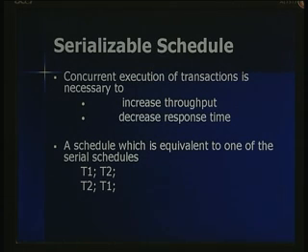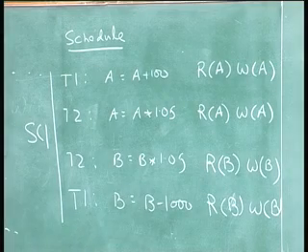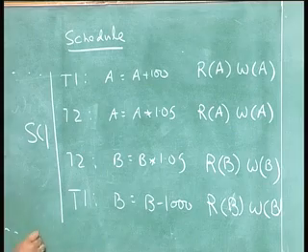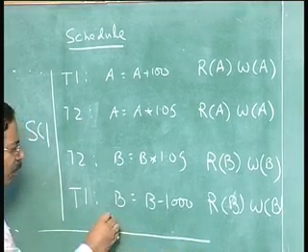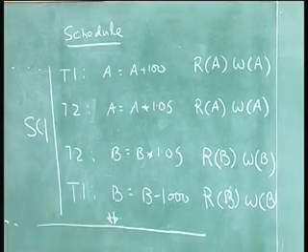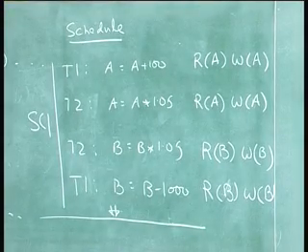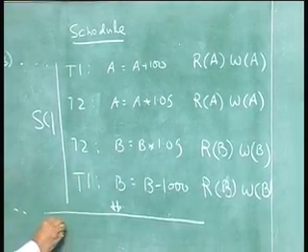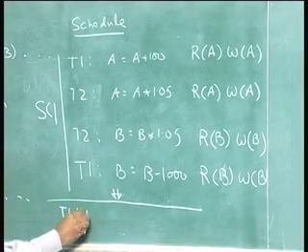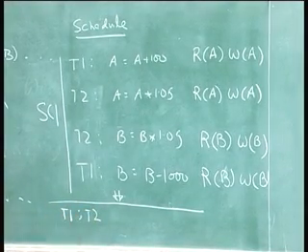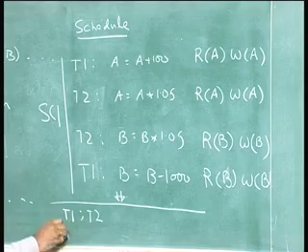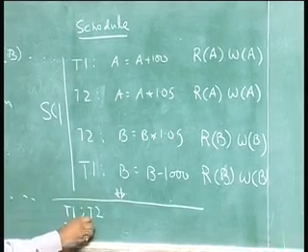Now, when transactions are executed concurrently, the question is whether at the end they can be translated into what is called a serial execution. In this particular case, what you would like to say is that T1 executed completely after T2, this is one possibility, or T2 executed after T1.